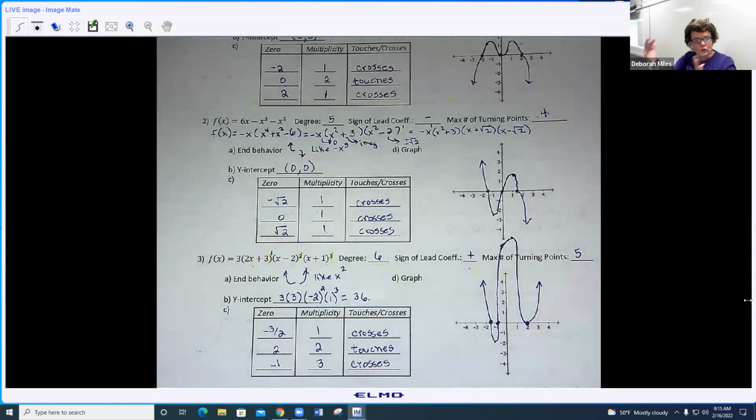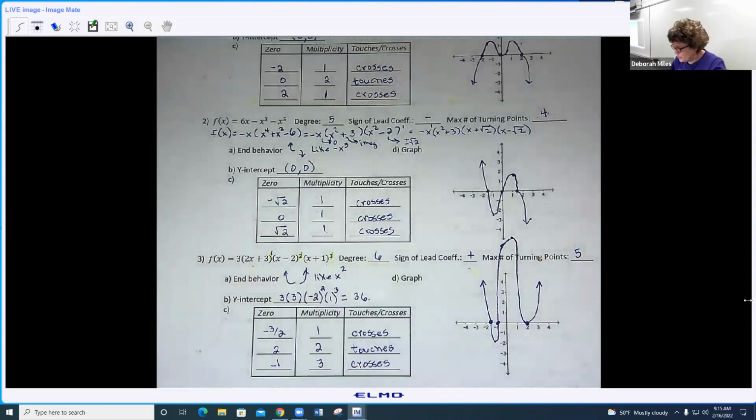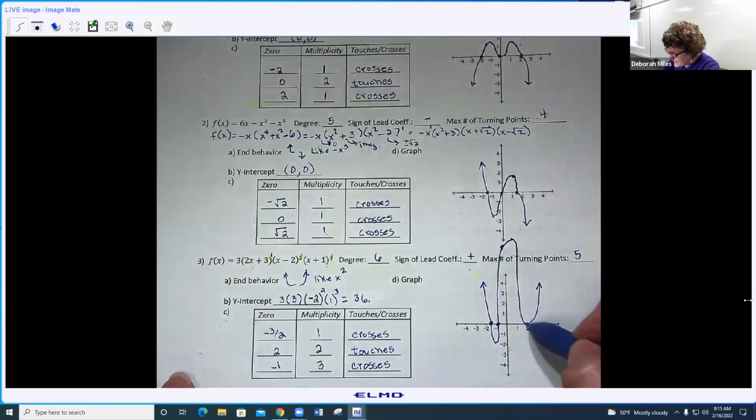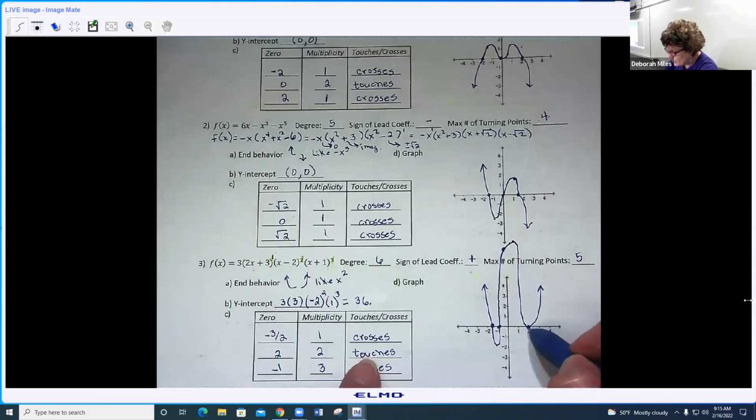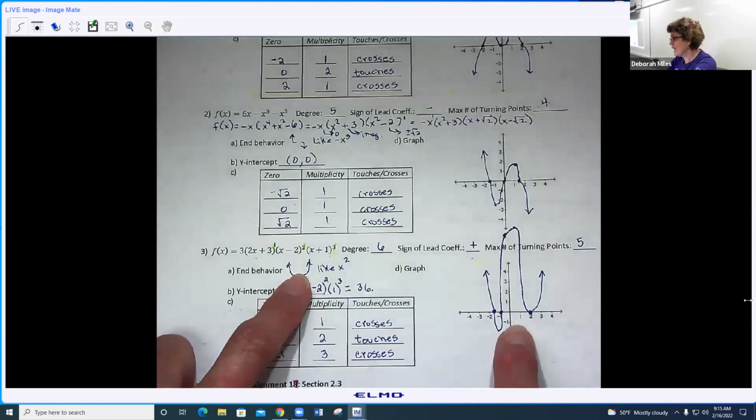So the touches, crosses, and the end behavior have to match. If I had crossed at 2, then I would have had the wrong end behavior. But because this graph touched at 2 and went back up, I had the exact end behavior I expected.